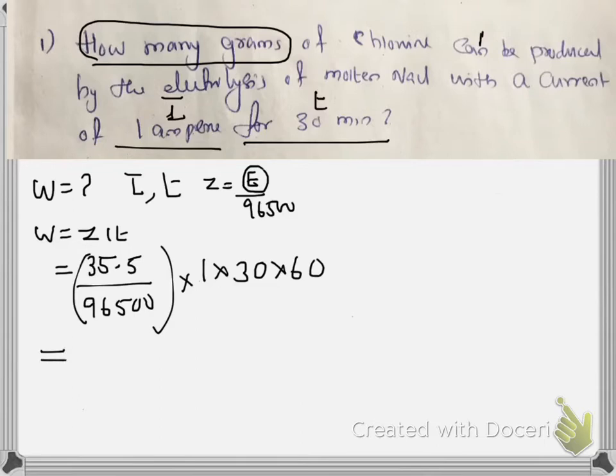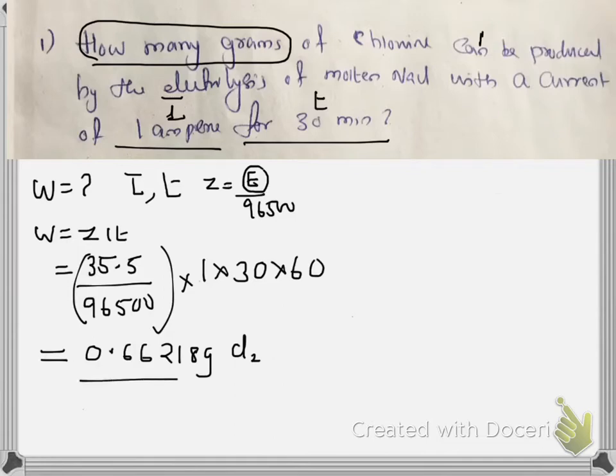On solving, you will get the answer 0.66218 gram of chlorine is liberated.